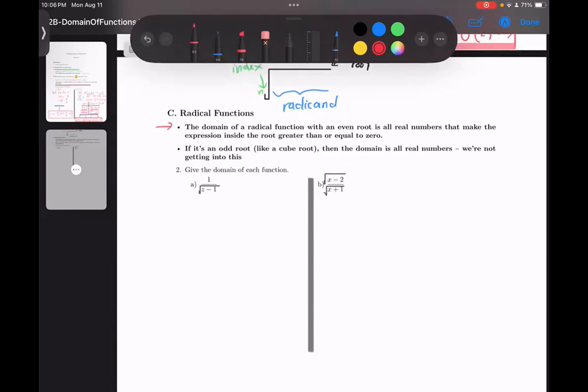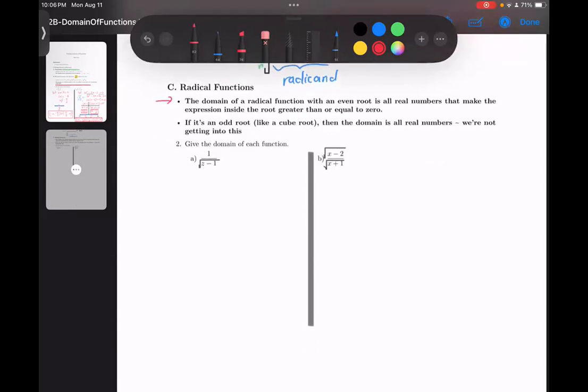So let's take a look at 2a here. I have 1 over the square root of z minus 1. First of all, z minus 1 is under a square root, so I know z minus 1 has to be at least 0. And second, because z minus 1 is in the denominator, it also cannot be 0.